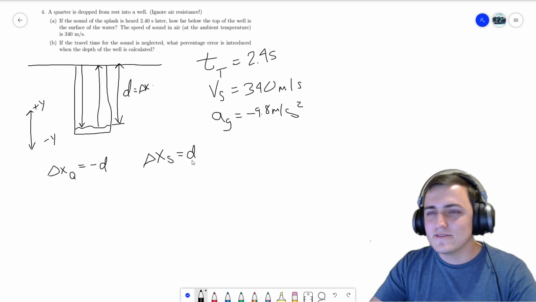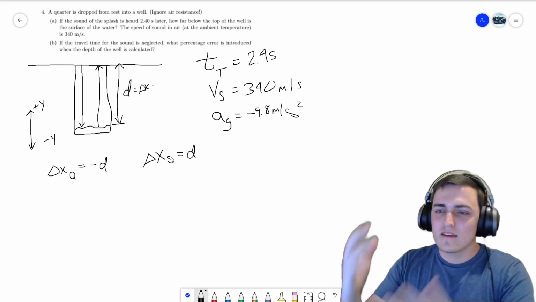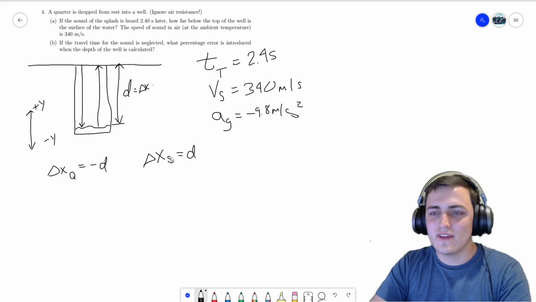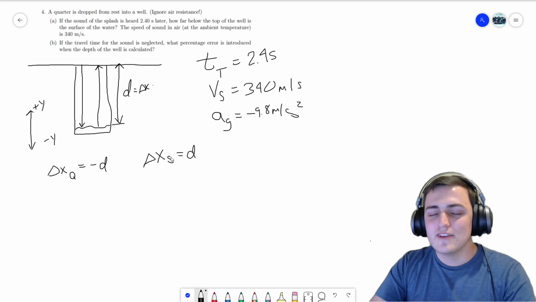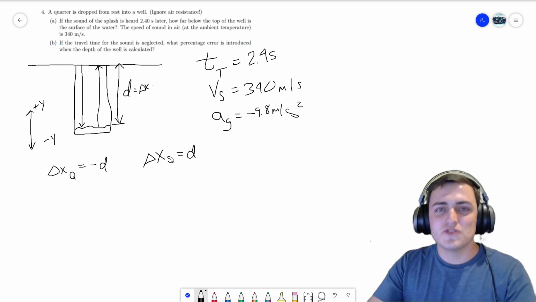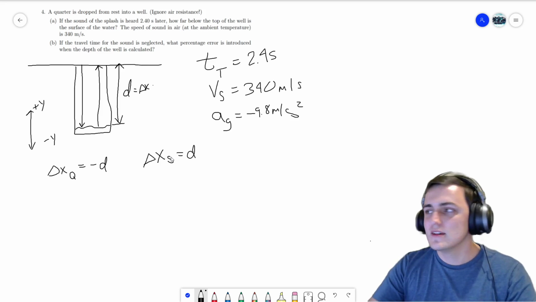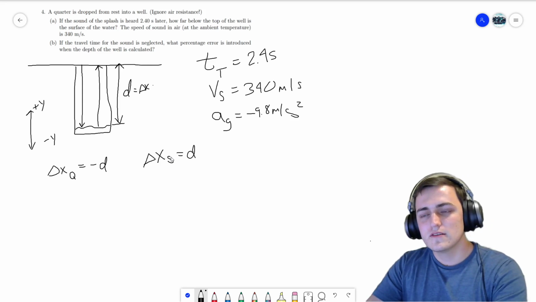Now this sign is very important because it takes into account the fact that these two objects go in opposite directions. Their motion is not in the same direction, and so we can't just set it equal to each other like we normally would. Normally you would just say, like in previous problems, the change in position of the quarter is equal to the change in position of the sound wave.